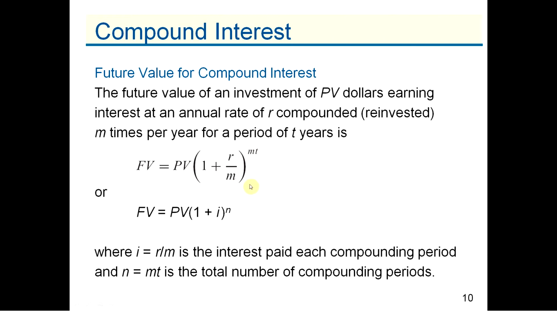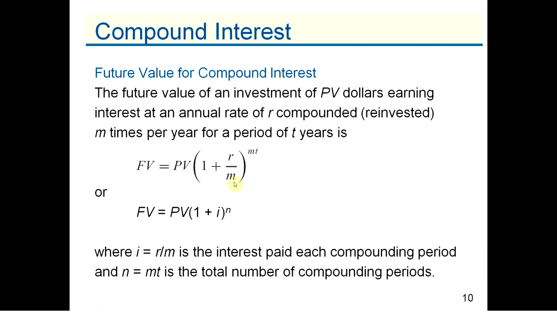This formula can be written as you see in the second formula, where I has replaced R over M. I now represents the per period interest rate, per compounding period, and N represents MT, which is the total number of compounds in that investment period.